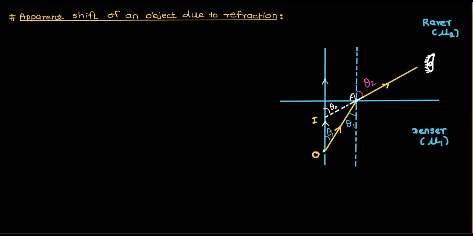This part we don't want, or even if you keep it, not an issue, right? And this point I am giving the name B, right?